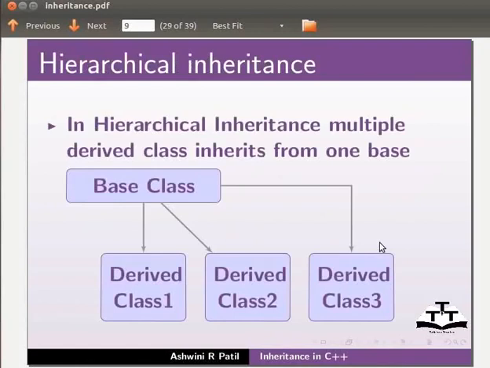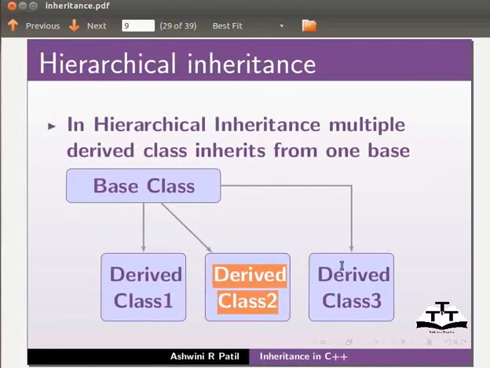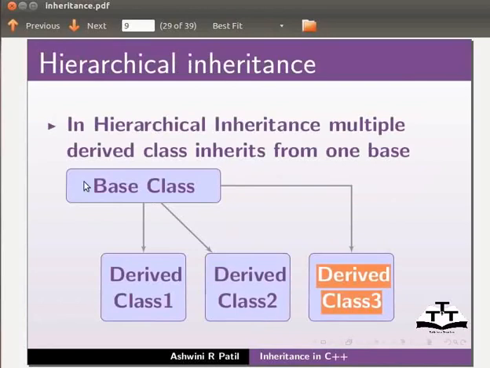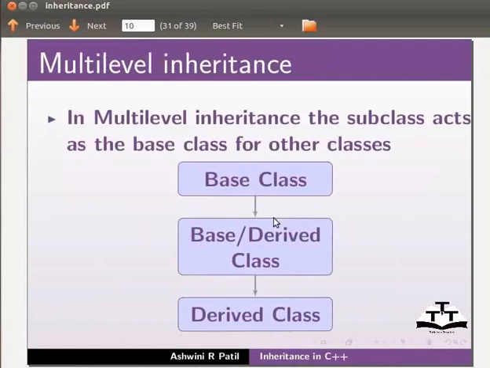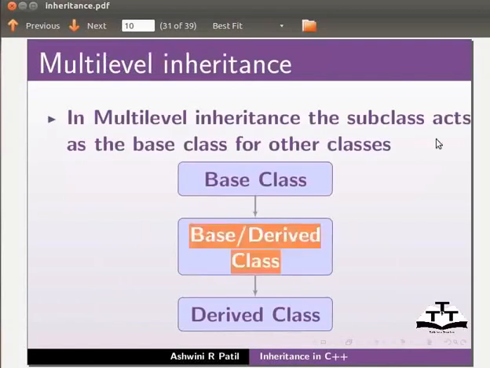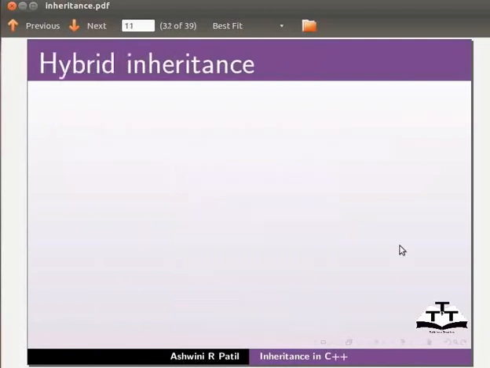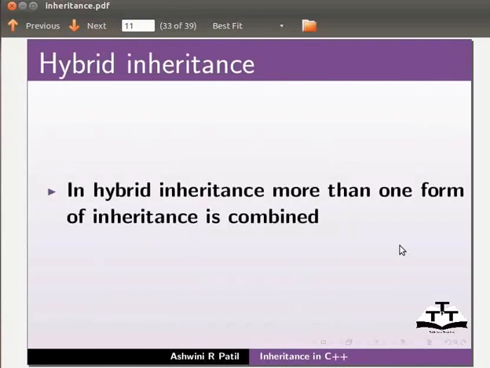In hierarchical inheritance, multiple derived classes inherit from one base class. Multi-level inheritance. In multi-level inheritance, the subclass acts as the base class for other classes. And hybrid inheritance. In hybrid inheritance, more than one form of inheritance is combined.